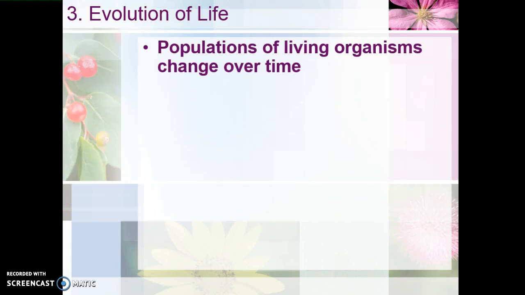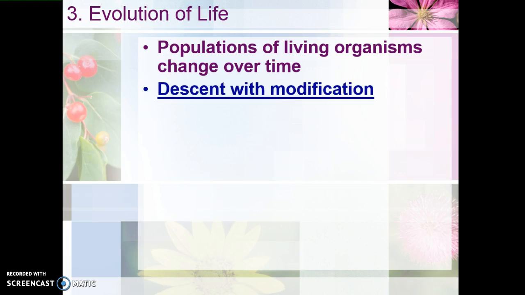Our third category is evolution of life. Populations of living organisms change over time, and we will talk about this in chapters 14 through 16. Descent with modification is part of natural selection, and it looks at how populations change over time due to traits that are better suited to the environment. There's a genetic connection that we'll be using when we get to that chapter as well.